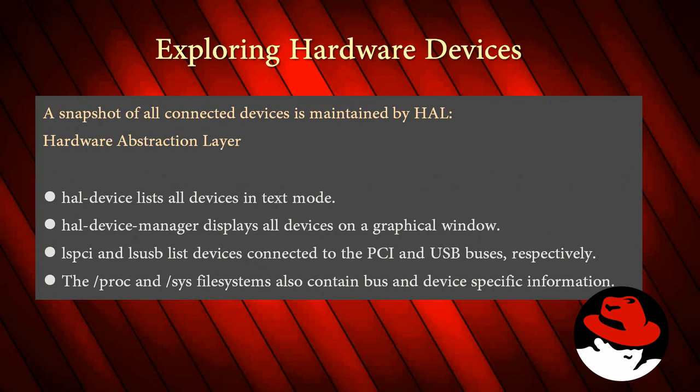Then there are two other utilities, lspci and lsusb, that list devices connected to PCI and USB buses. It is similar to the ls command, the list shell, which shows the files and folders contained in a particular directory. Similarly, lspci and lsusb list all the devices connected on PCI and USB buses respectively. The proc and sys file systems also contain bus and device specific information. You can also go through them directly using the GUI options.